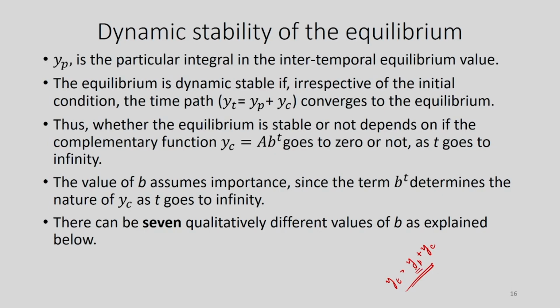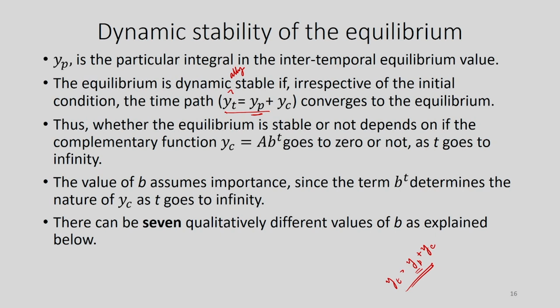The equilibrium should be dynamically stable if, irrespective of the initial condition, the time path converges to the equilibrium. So, yt, if it converges to yp, irrespective of where we are starting from, that is where the y0 is, then we say that the equilibrium is dynamically stable.